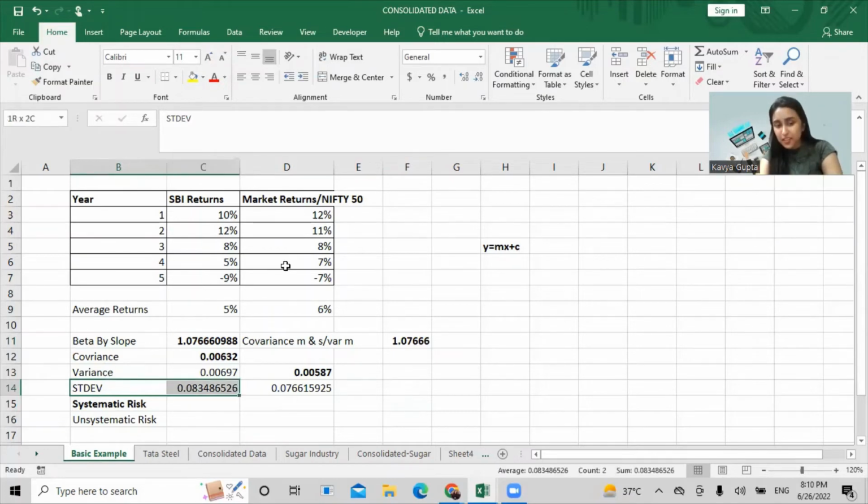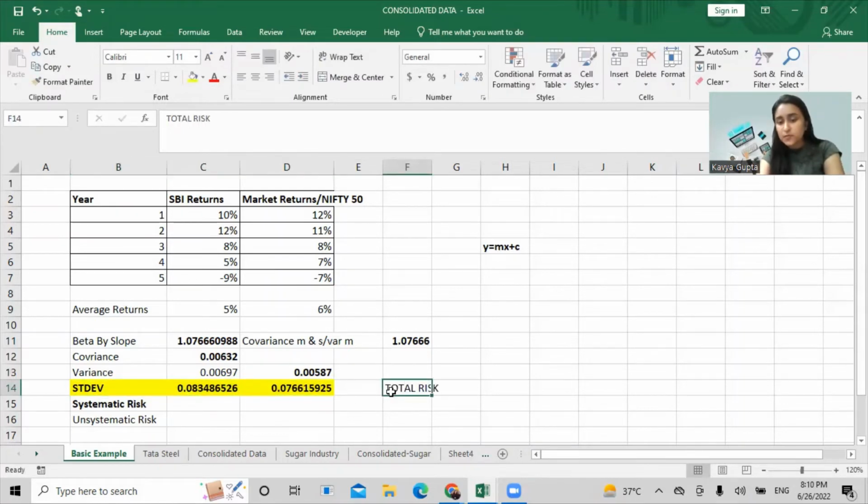It is the standard deviation, right? So standard deviation measures the risk. So this is the total risk. Now what did I tell you about total risk? Which of these risks can we calculate and which can we not? Can we calculate both of them, or which one of these can you not directly calculate? Tell me.